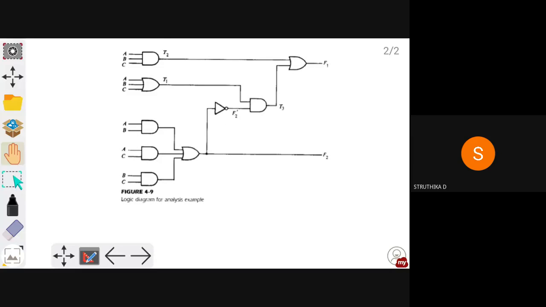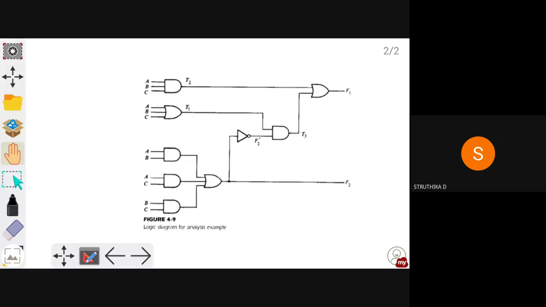No feedback path is available: F1 is not given to any input, and F2 is also not given to any input. So this is a combinational circuit. No feedback path should be available to the input.